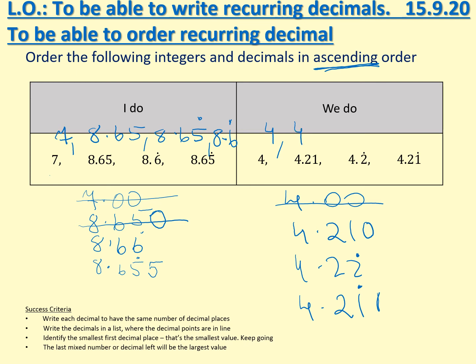So it's 4.21. Next one is 4.21 recurring, and the last one is 4.2 recurring. If that's what you've got, well done.